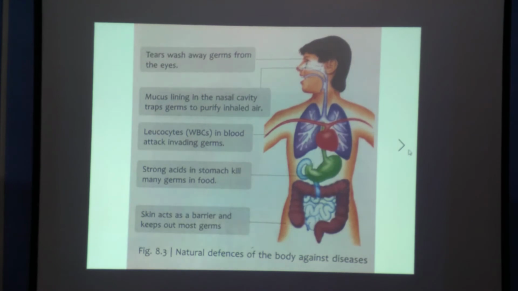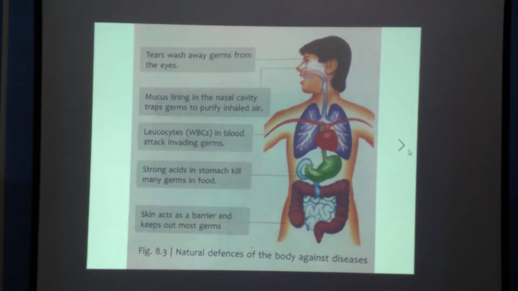Next are the white blood cells, or we also call them the leukocytes. The leukocytes or the white blood cells in the blood attack invading germs. So the white blood cells engulf all the disease-causing microorganisms and protect us from various diseases.